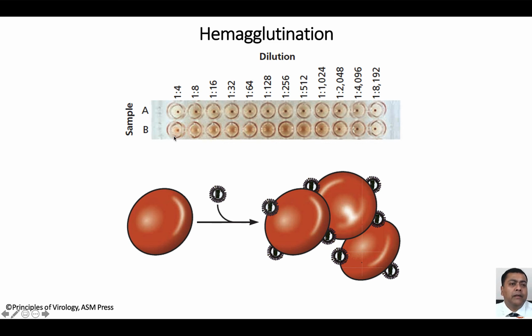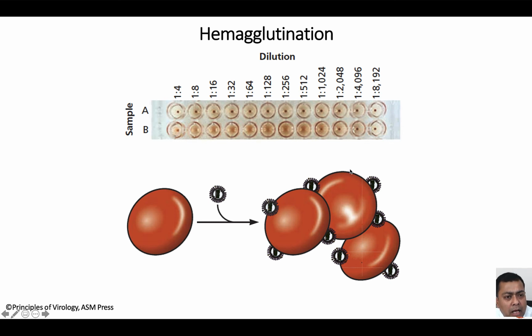Now here you have a question: if you look at the 1:4 sample, you do see a dot. Why do you see this? This is very interesting. Very carefully understand that these viruses, along with the hemagglutinin, which hemagglutinates, also contain the neuraminidase. H is the hemagglutinin, N is the neuraminidase, which is the enzyme.